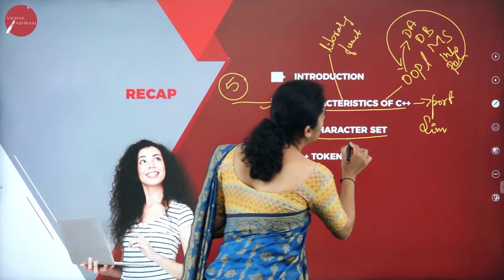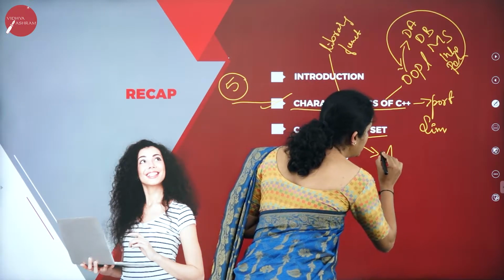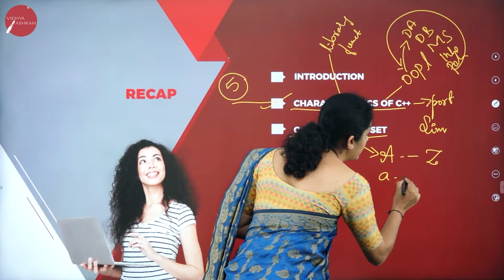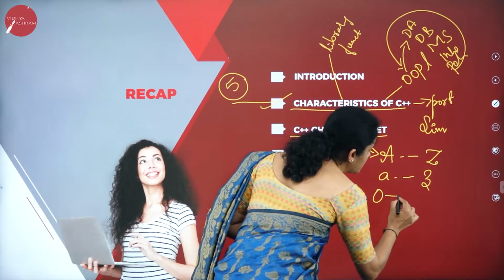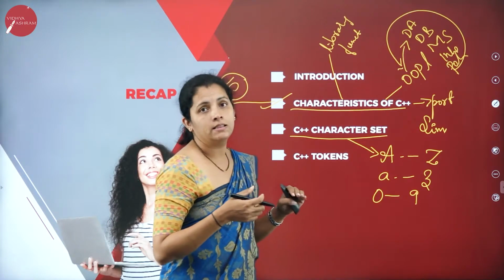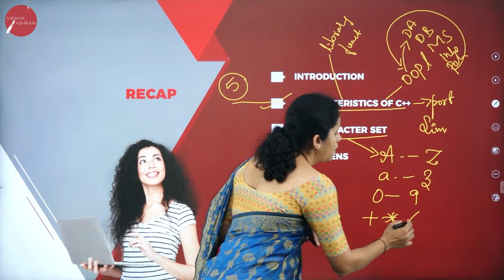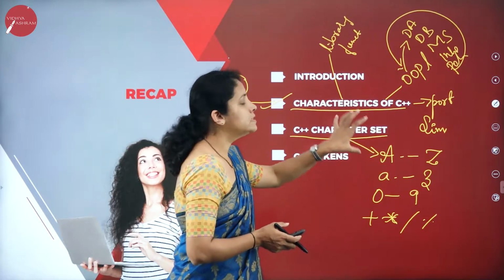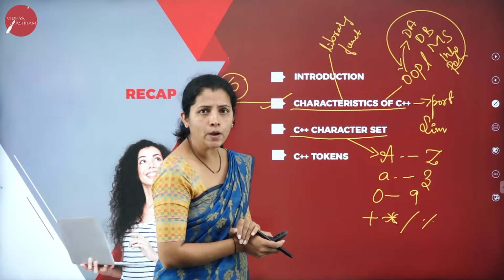That is, you can use the alphabet, capital letter A to capital letter Z and small letter a to small letter z, and the digits from 0 to 9 and some operators like plus, star, slash or modulus. These are the certain character sets supported by the C++ programming language.